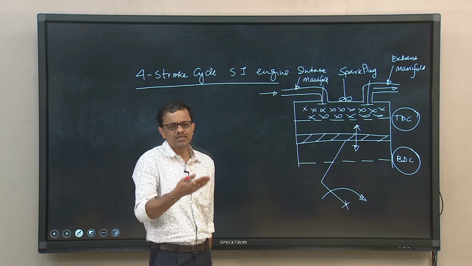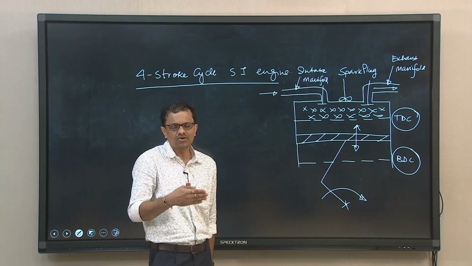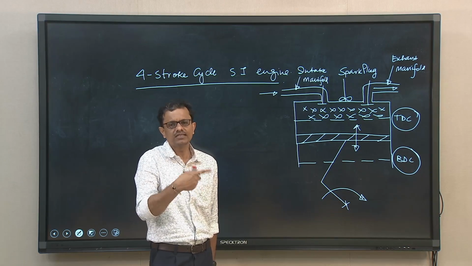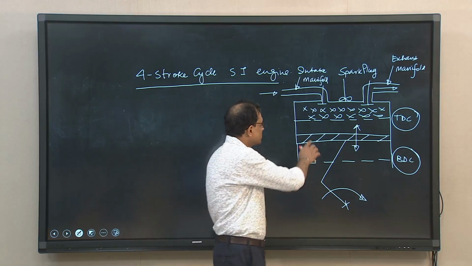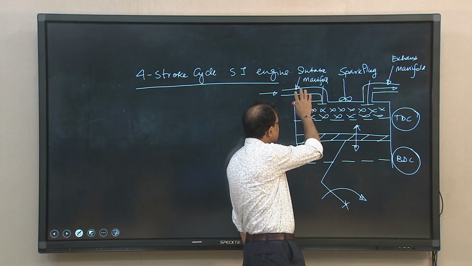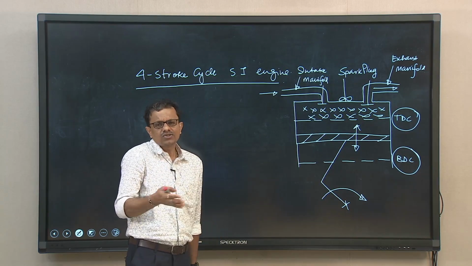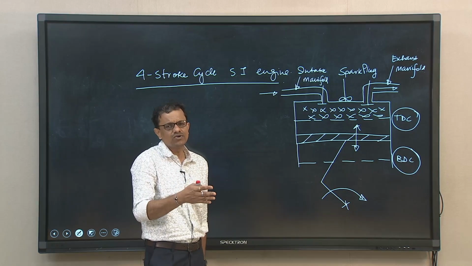So, one of the most important criteria for a cycle to be called a thermodynamic cycle is that the working substance has to be recycled back. So, this is not there. The second thing is the composition of the working substance is getting changed. When we took the air fuel mixture into the engine cylinder, it is air and also fuel, but after the combustion the composition will be different.